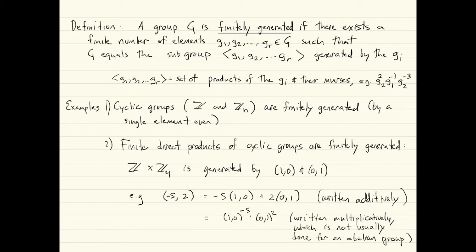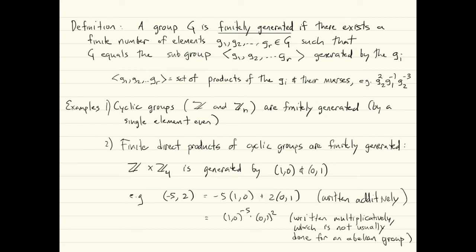Secondly, finite direct products of cyclic groups are finitely generated. So for example, Z is cyclic, Z4 is cyclic, and we take the direct product, or sometimes I just call it product, and so get this group Z cross Z4.